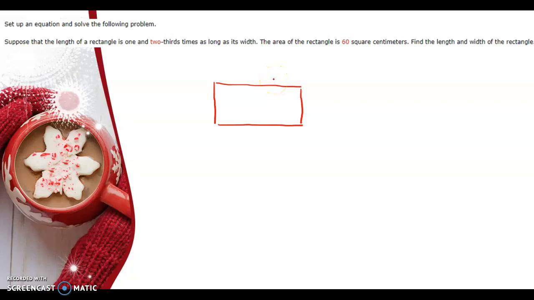Suppose the length of the rectangle is 1 2/3 times as long as the width. Okay, so if this is my width, this is 1 2/3 times my width. Now, I don't like to multiply by mixed numbers, so 1 2/3 is the same as 5/3.